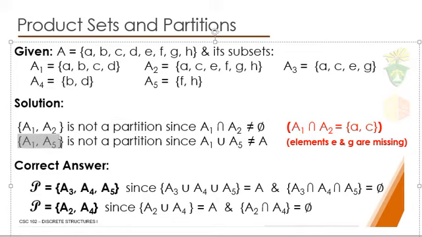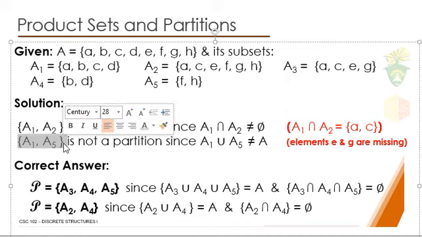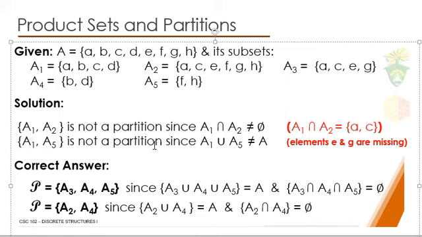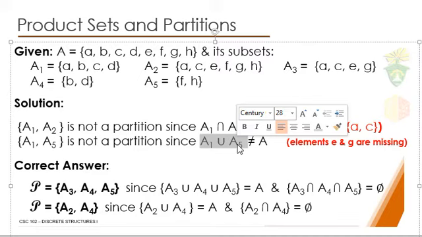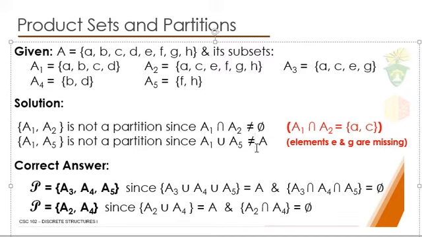Another set, A sub 1 and A sub 5. Karon, it's not a partition since ang union ni A sub 1 and A sub 5 do not equate to A, since the elements E and G are missing. Klaro? Let's check A sub 1.